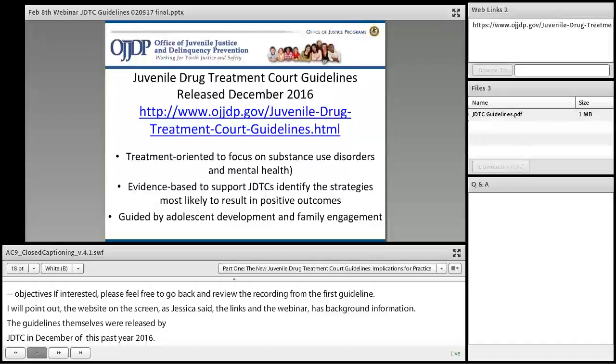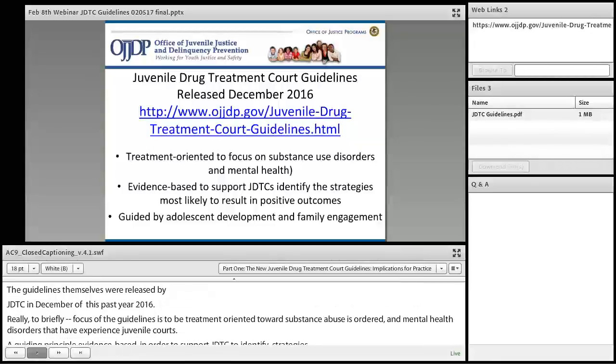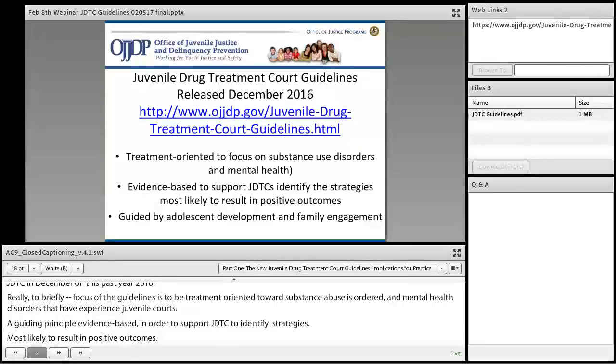There is a guiding principle to be evidence-based, in order to support juvenile drug treatment courts to identify the strategies that are most likely to result in positive outcomes. That research component, that evidence component, is a foundational principle behind the guidelines and something that we hope will be highlighted more in the presentation today.